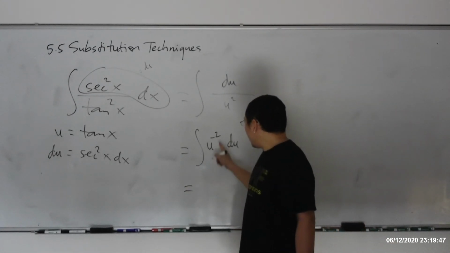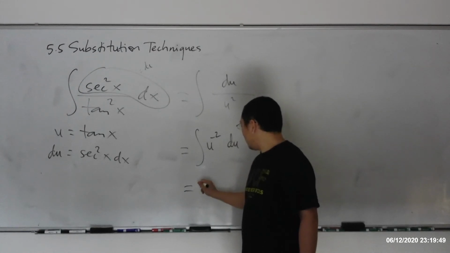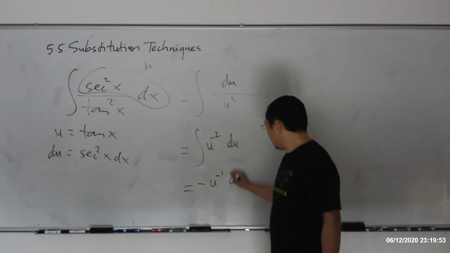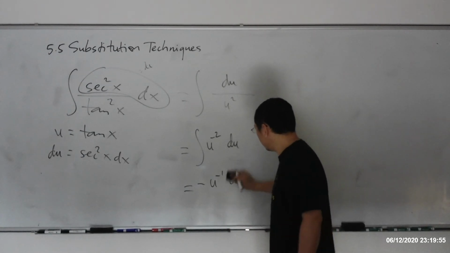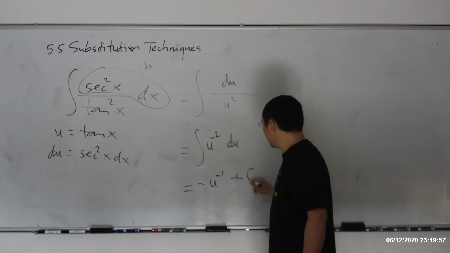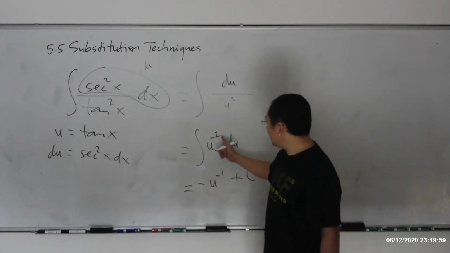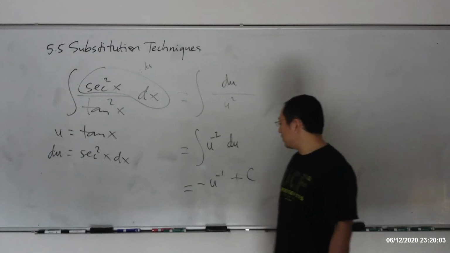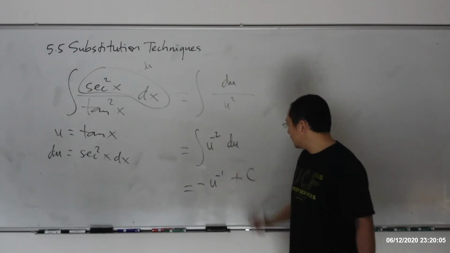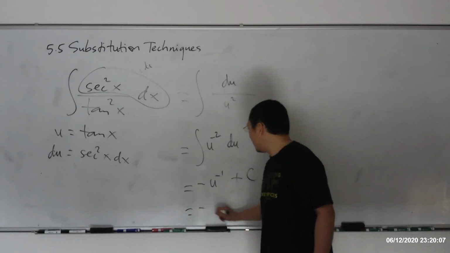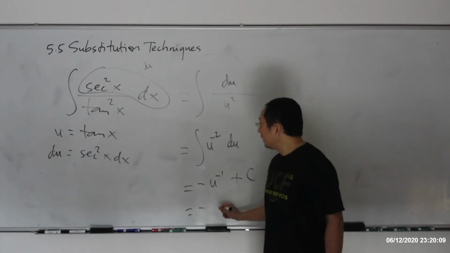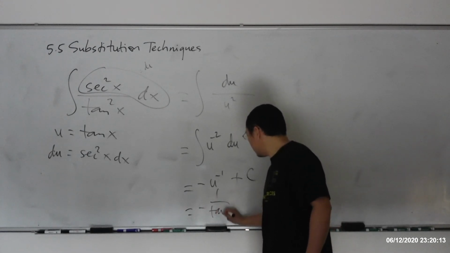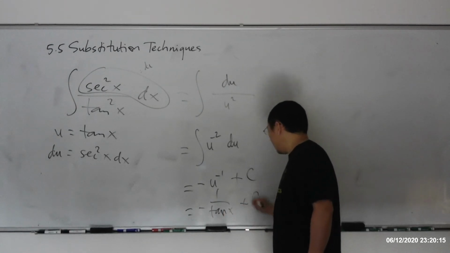Add 1 to it, it's going to be -1, so negative u to the -1 plus c. I'm using the power rule right here. Add 1 to get -1, the reciprocal of -1 is -1, so use -1, okay? Which is negative of u, and u is tangent, so negative 1 over tangent x, and then plus c. That'll be your answer.